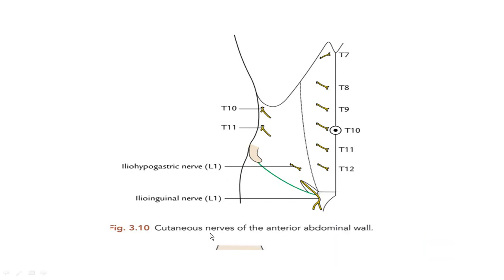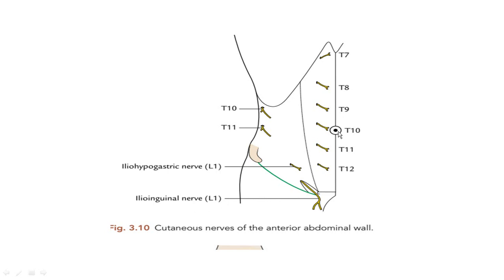In this picture, you can see the cutaneous innervation of the anterior abdominal wall by the seventh to 12th thoracic segments of the spinal cord and the first lumbar segment, as the hypogastric nerve and ilioinguinal nerve.